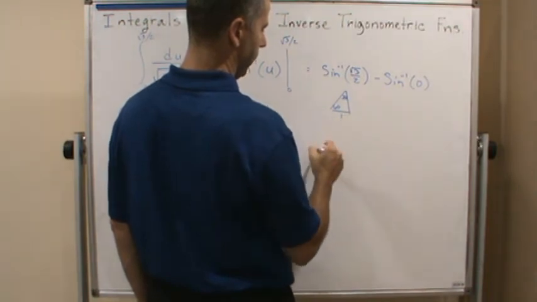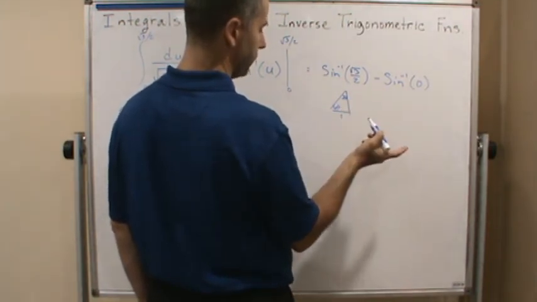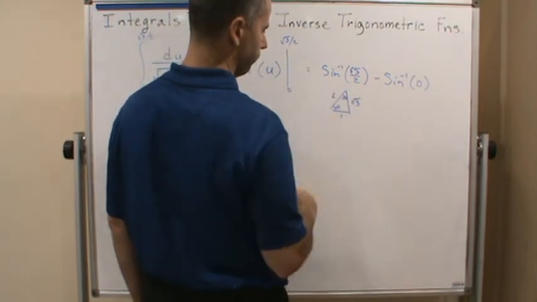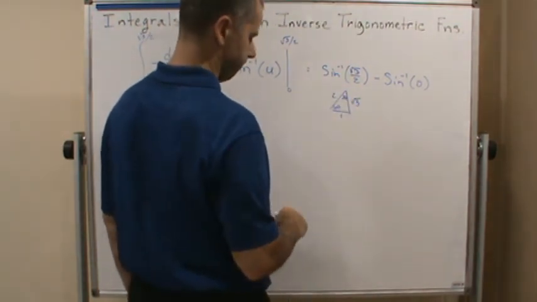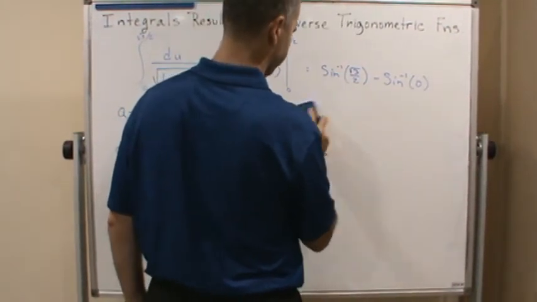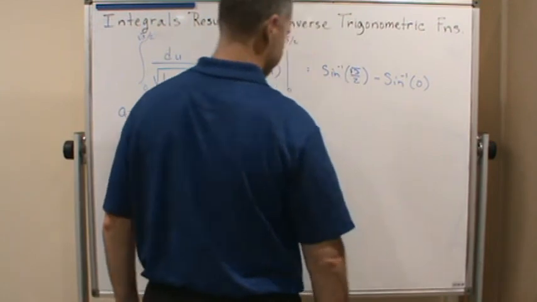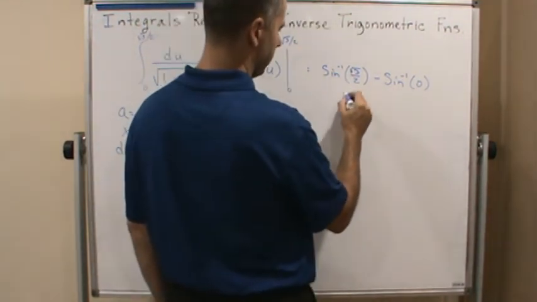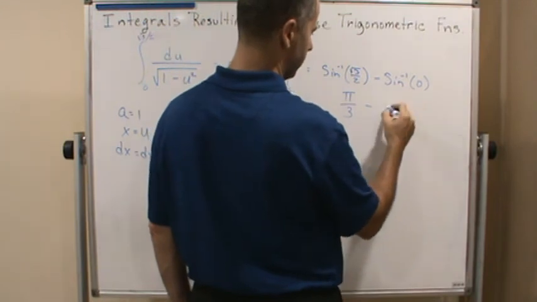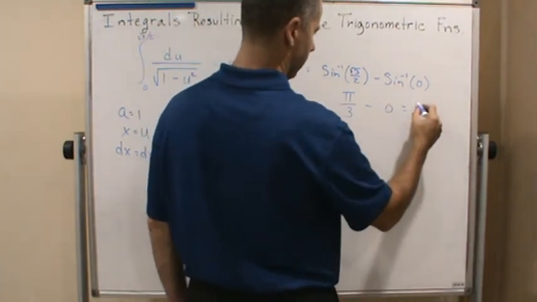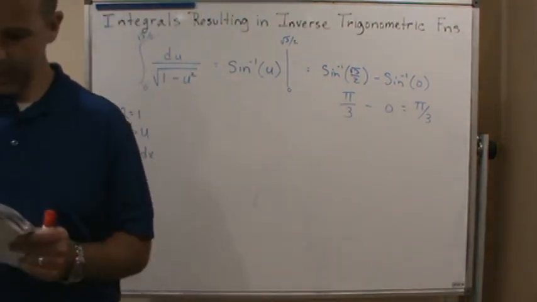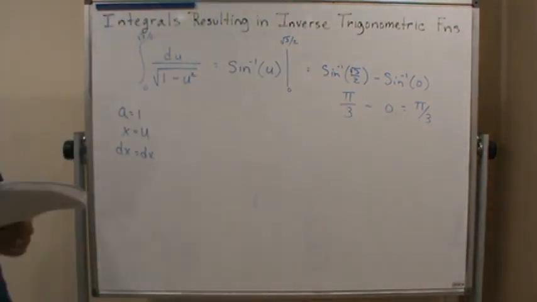If we're talking about the unit circle, this is 1, square root of 3 over 2. And so this is going to be pi over 3 minus, obviously this is 0. So it's pi over 3. And we're done. Easy peasy.